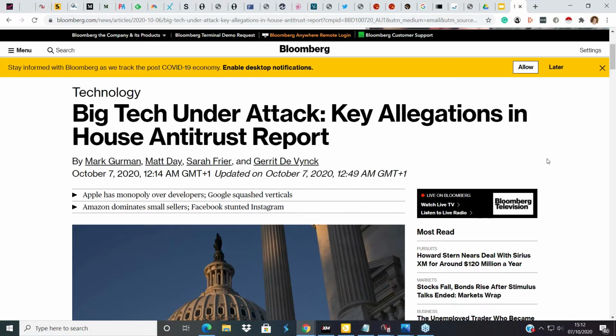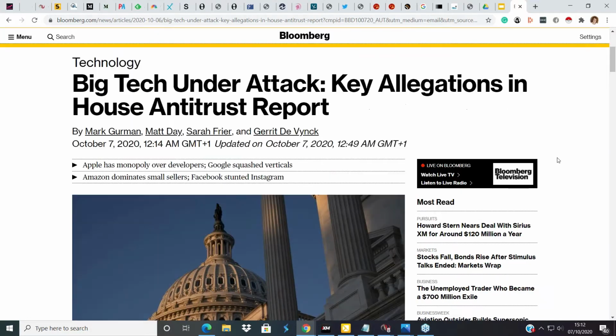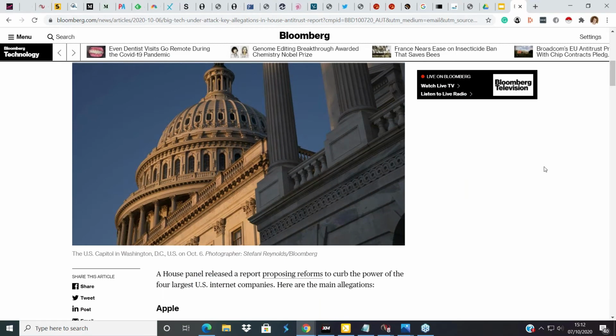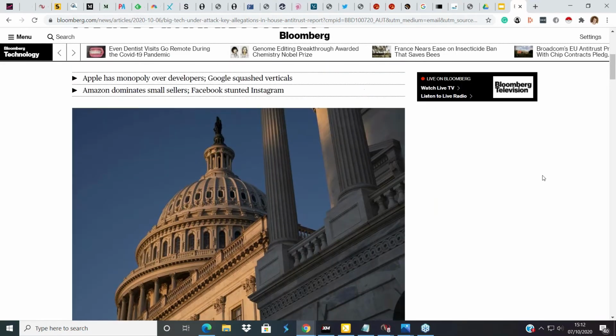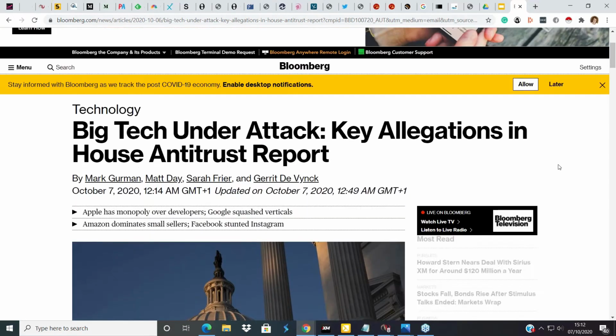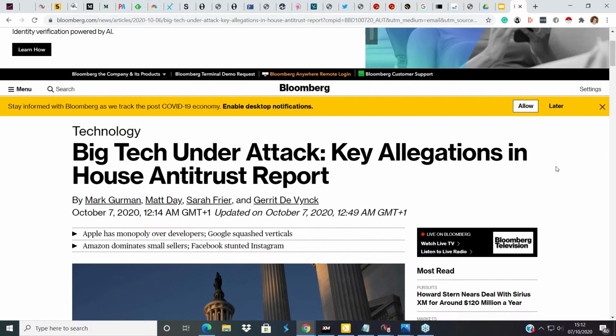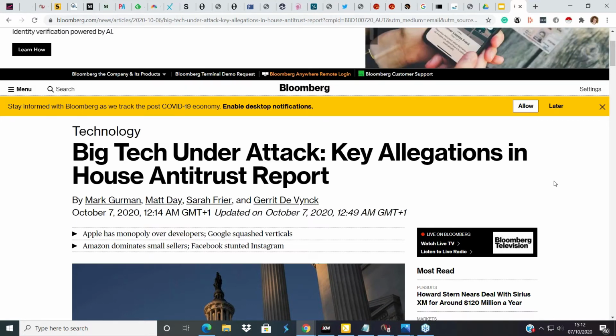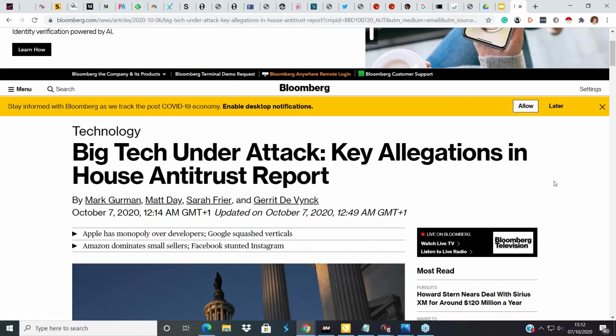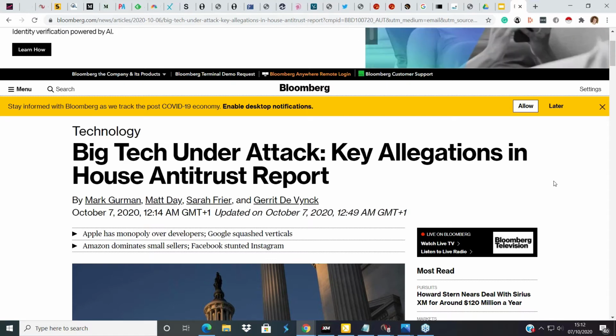This is the report from one of the committees on Capitol Hill, where basically they are going to be looking to take companies such as Facebook, Google, the FANGs, if you like, the companies that have been driving the stock market, and apply what they call antitrust legislation. And that is really when you have monopolies. Anyway, it's something to bear in mind. It's just one other thing that we have to consider.